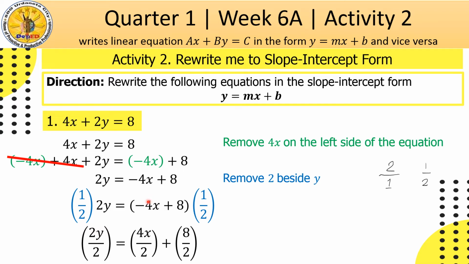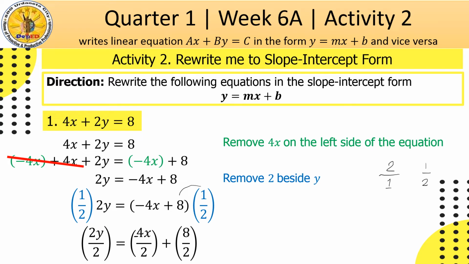So we have negative 4x divided by 2. So we have negative here. Okay, don't forget we have negative here. And 1/2 times 8. Okay, 8 times 1, that is 8. So we have 8 divided by 2.